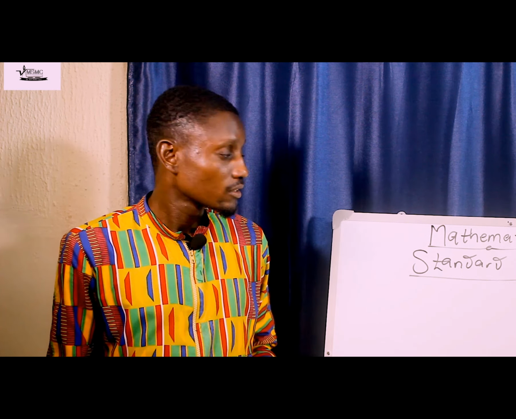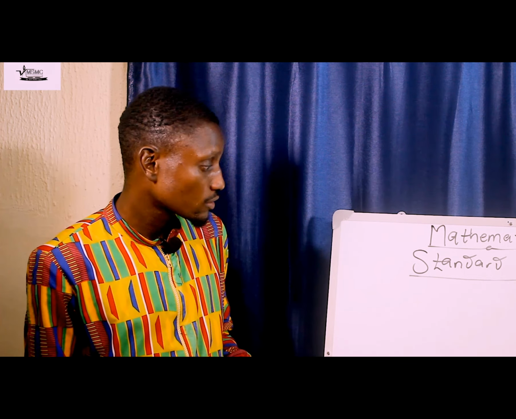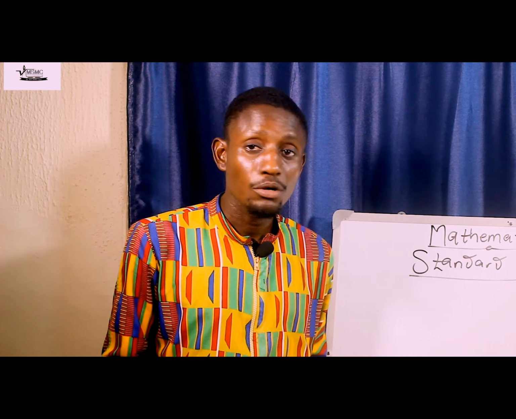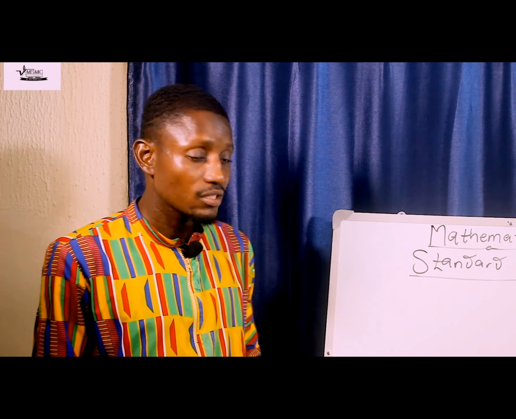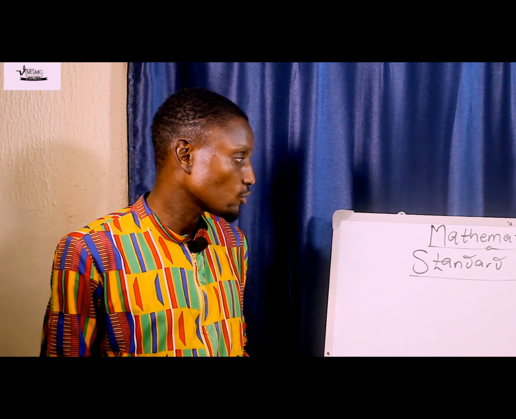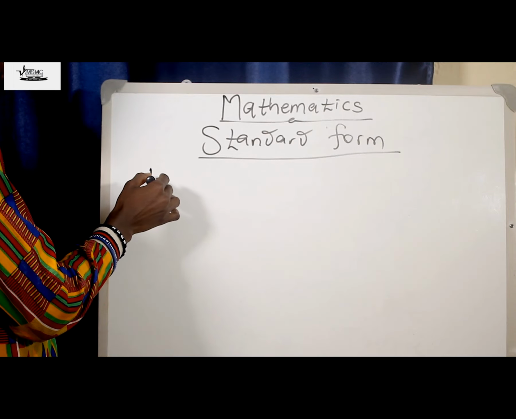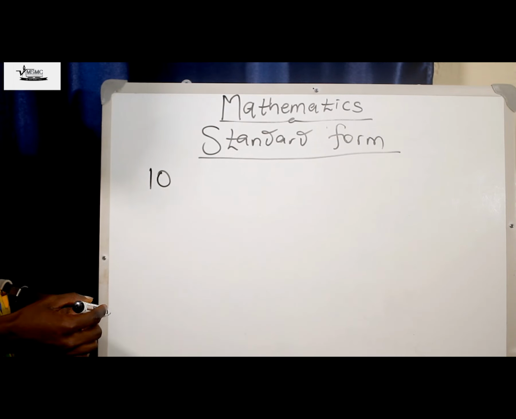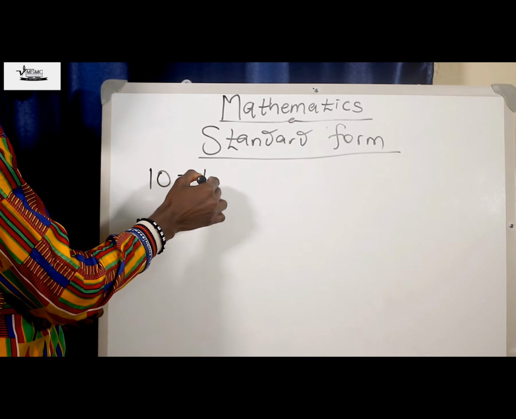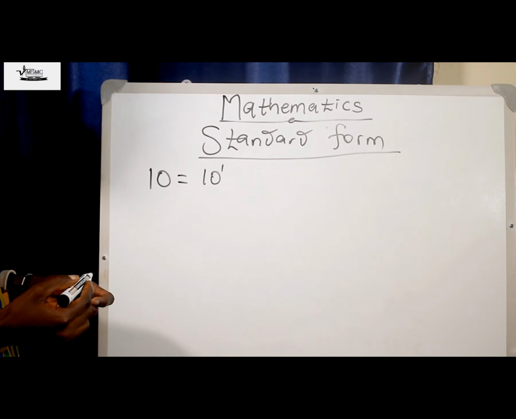Sam Maths Clinic. Today I will be showing you how to find the standard form of numbers, or rather how to write whole numbers and decimal numbers in standard form. Let's take an example. If you have 10, you can write 10 as 10 raised to power 1.